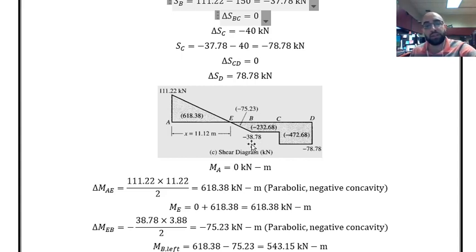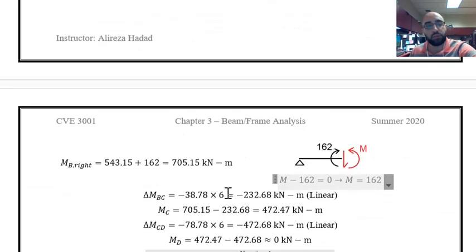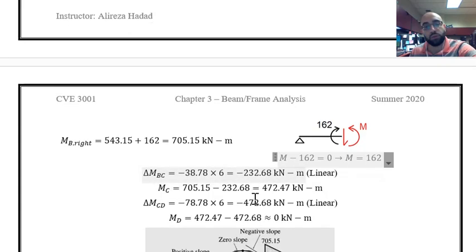The slope is minus 38.78, and the change in a linear way is going to be the area under the shear diagram. The area from point B to point C is found over here. The area under the shear diagram, or change in the bending moment diagram, is found to be minus 232.